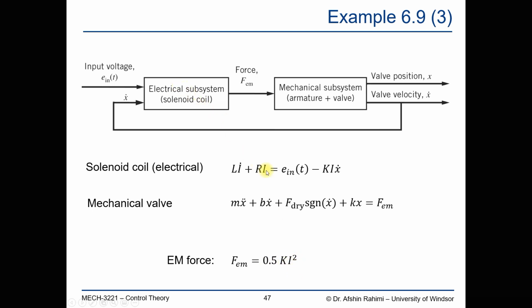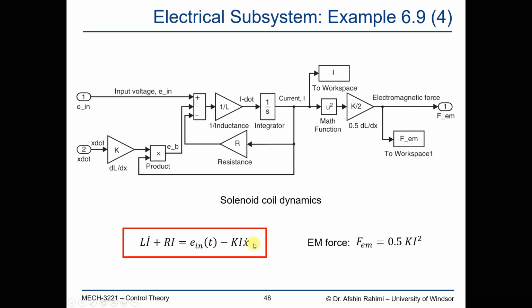So we see that the mechanical and electrical parts are interconnected, as the electrical part has x dot from the mechanical part, and the mechanical part has i from the electrical part in their respective equations. Now we have to individually model the electrical part and the mechanical part.